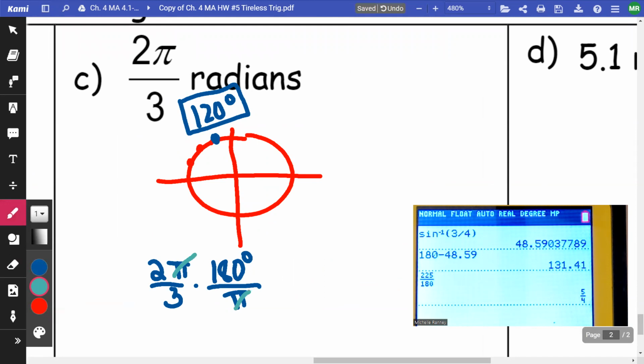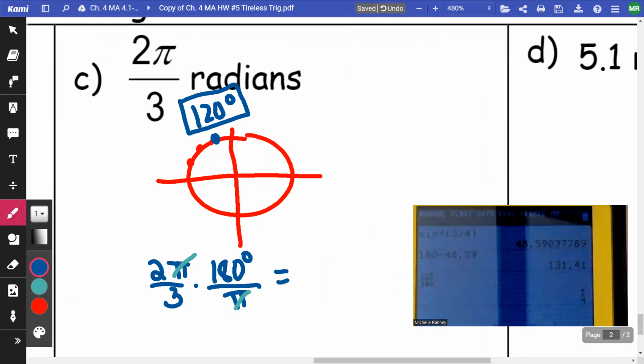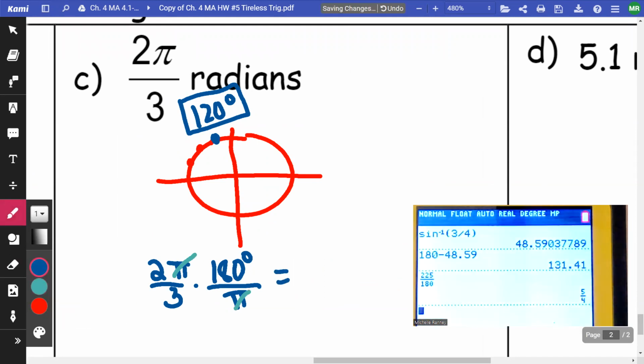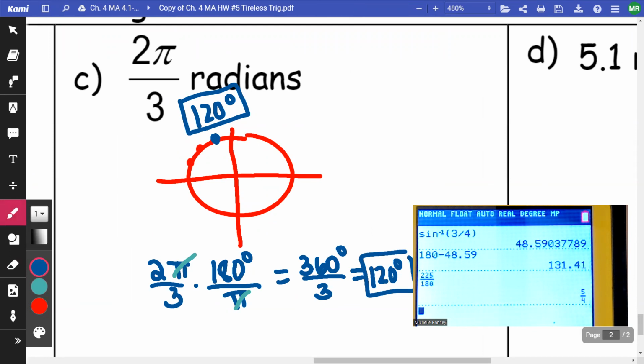The pi's are going to cancel out. And I am going to end up getting basically 360 degrees divided by 3, which is 120 degrees, like I have in the picture.